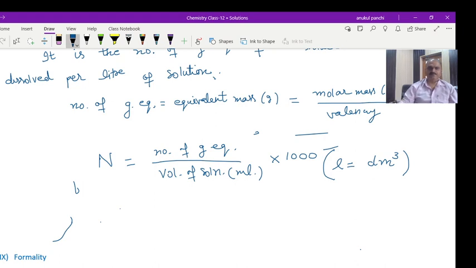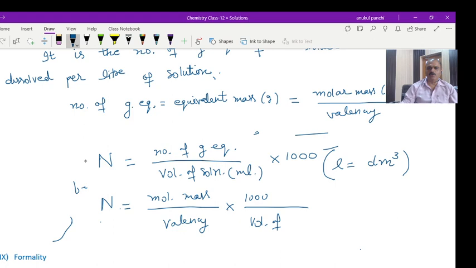And if we slightly manipulate it by considering molecular mass, it becomes molecular mass upon valency into 1000 upon volume of solution in milliliters. Okay.